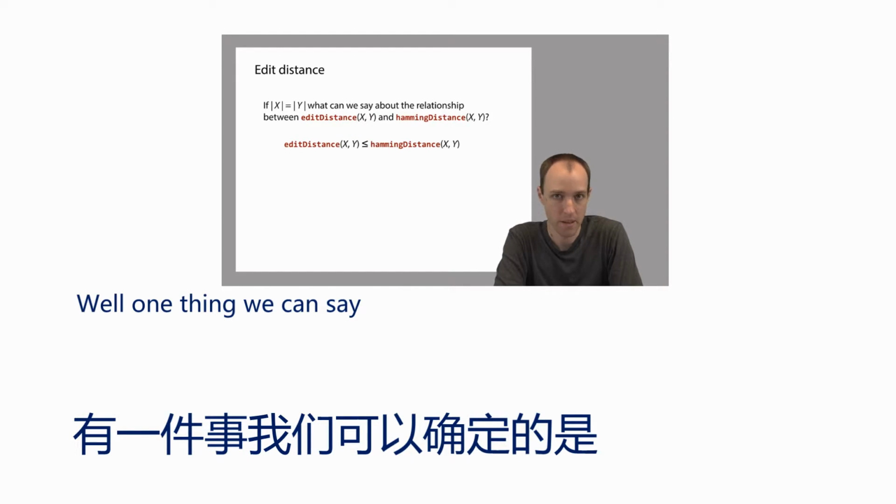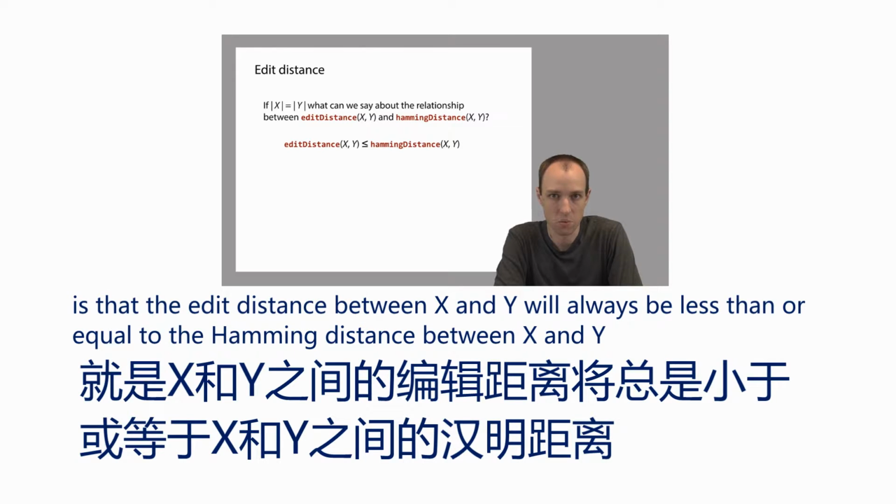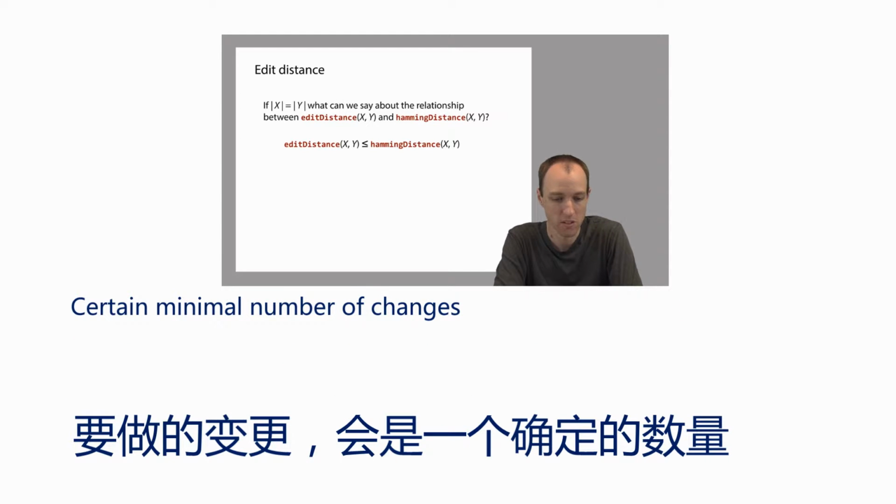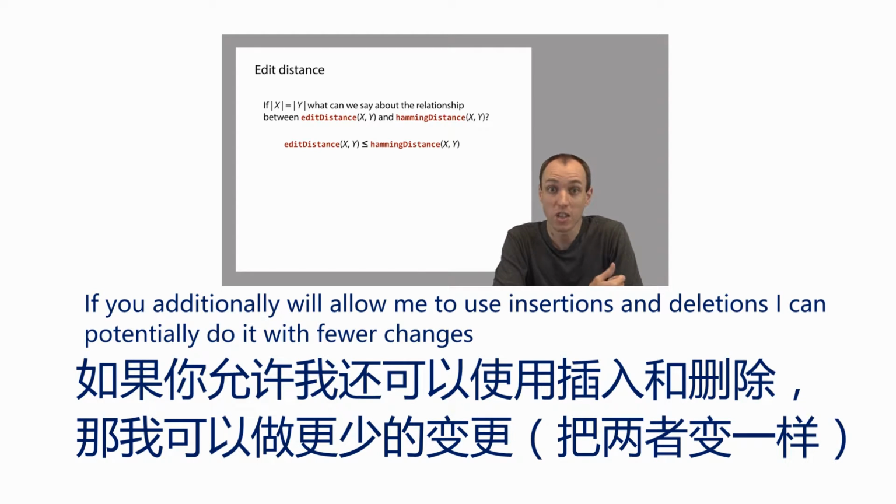Well, one thing we can say is that the edit distance between x and y will always be less than or equal to the Hamming distance between x and y. In other words, if you allow me to use only substitutions to turn x into y, I can do this with a certain minimal number of changes. If you additionally allow me to use insertions and deletions, I can potentially do it with fewer changes.